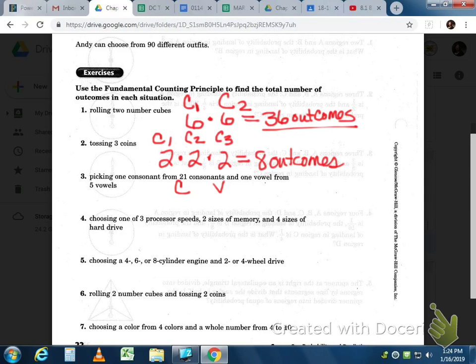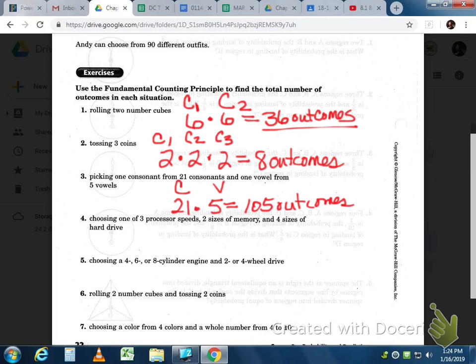How many different consonants could I pick from? 21. How many different vowels can I pick from? 5. So 21 times 5, how many combinations? 105 outcomes. Could we do this on our paper if we understood it?